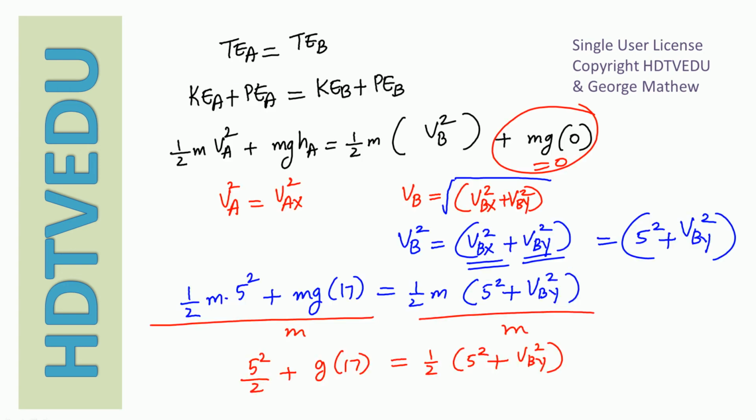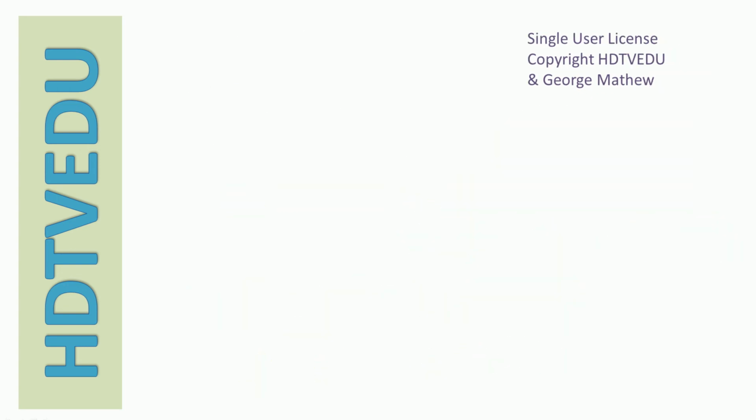So phi squared over 2 plus g times 17 equals 1/2 phi squared plus vby squared.